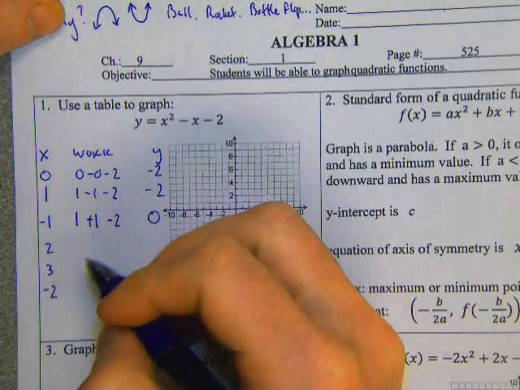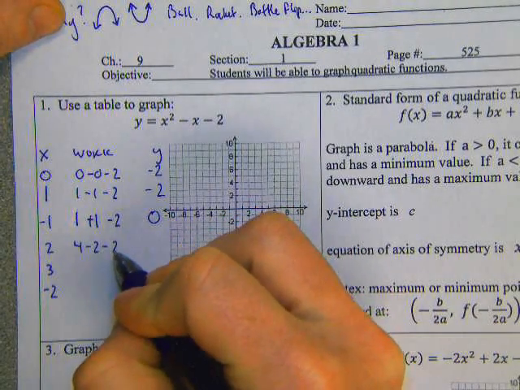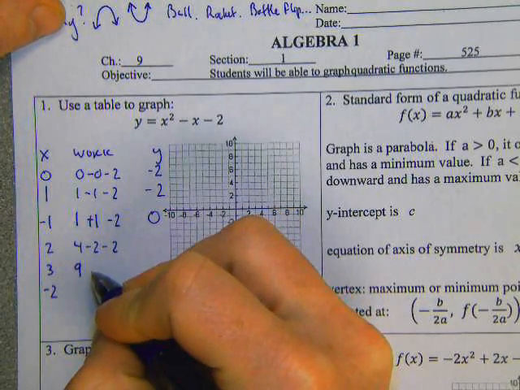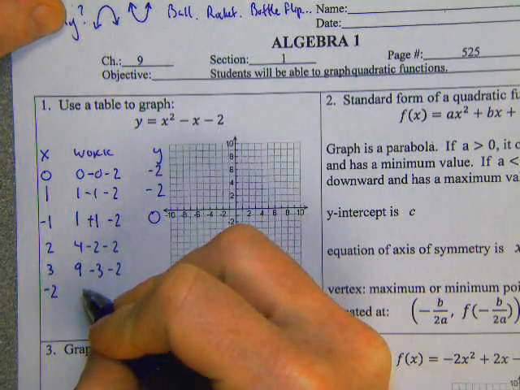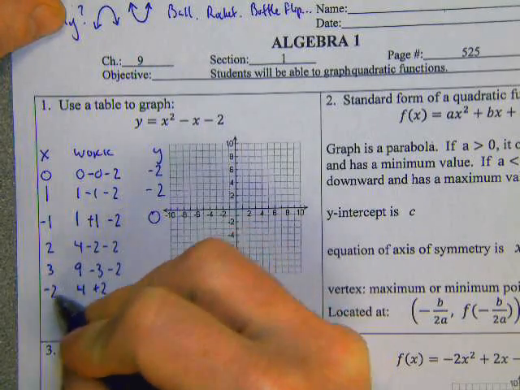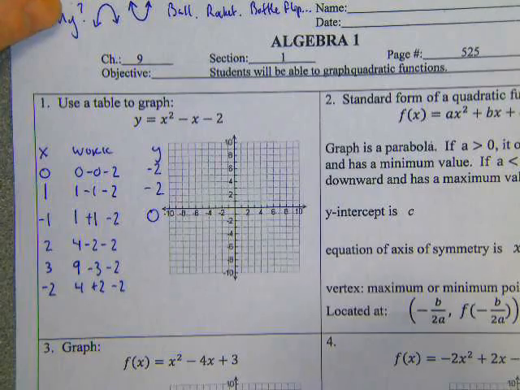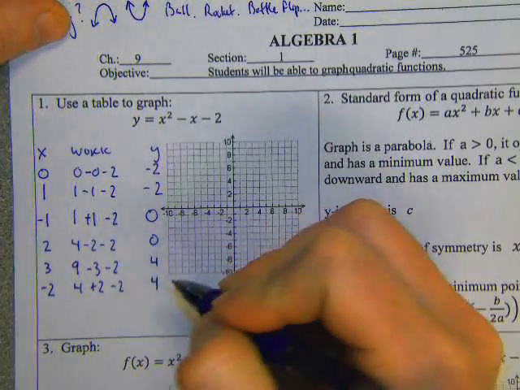Same process. 2 squared is 4. Negative 2 minus 2, negative 3 minus 2, and then we get 4 plus 2, 2 negatives and minus 2. And when we evaluate all this, we get 0, 4, and 4.